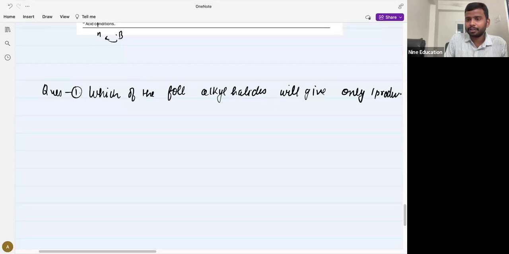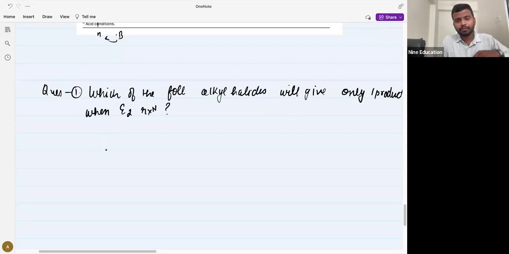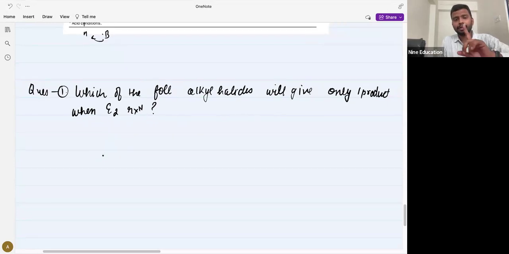Beta, focus on screen. Now focus on the questions. When E2 reaction is done, which of the following alkyl halides will give only one product? Meaning only one product you will get during E2 elimination.